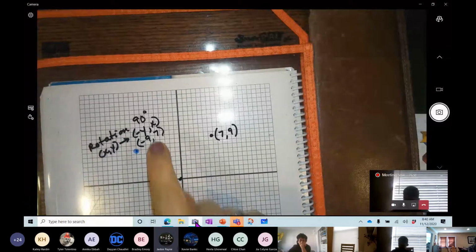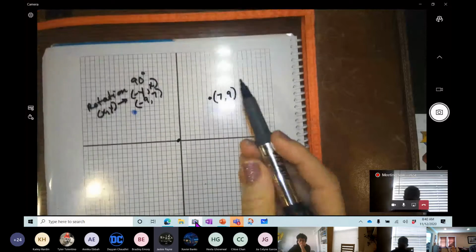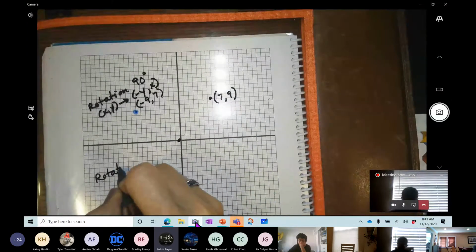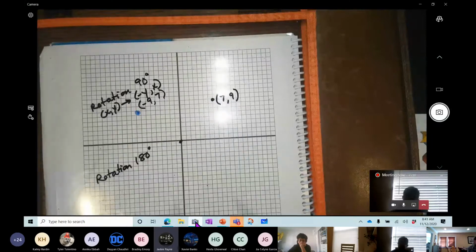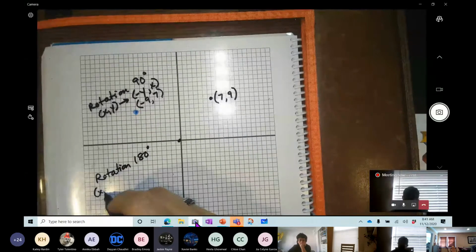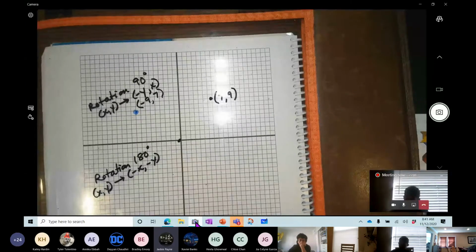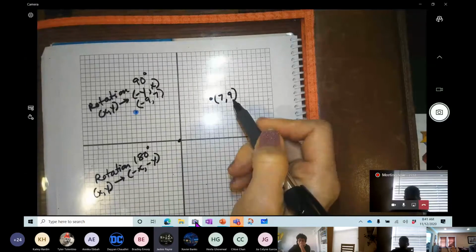Now I'm here. If I want to take this point and do a rotation of 180, you can see where this is going. The rule on our sheet says that x, y turns into negative x, negative y. So x is 7, y is 9.